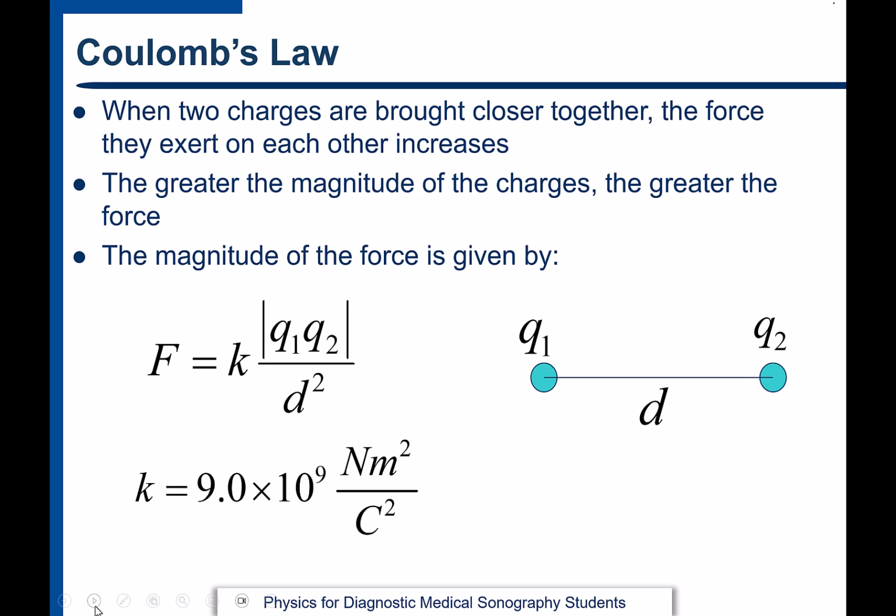So again, Q1 and Q2, those are just the amounts of charge on each of those. And D, you'll notice, is the distance between the two charges. And we can see that since the force is inversely proportional to the distance squared, the closer the objects get, the greater the force is. We can also see that if we increase either Q1 or Q2, the force will increase as well.